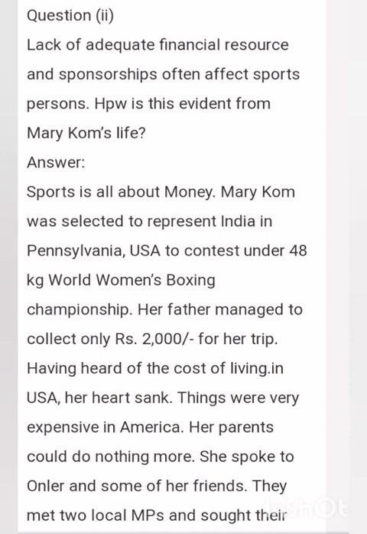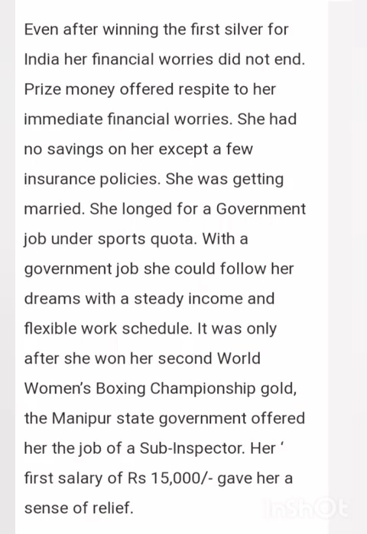She spoke to Onla and some of her friends. They met two local MPs and sought their help. Even after winning the first silver for India, her financial worries did not end. Prize money offered respite to her immediate financial worries. She had no savings except a few insurance policies. She was getting married.